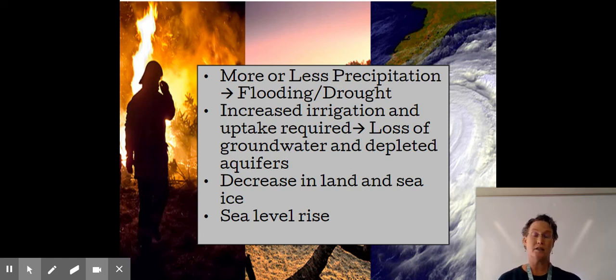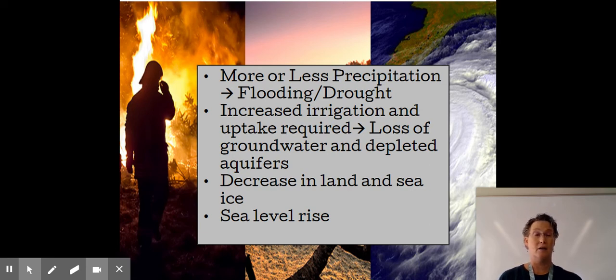There's a loss of groundwater and depleted aquifers because we have to access more groundwater when there's not as much on top of the ground. There's a decrease in land and sea ice because it's melting. And then we have sea level rise. When you melt ice caps, we'll talk about land ice versus sea ice and how that changes.